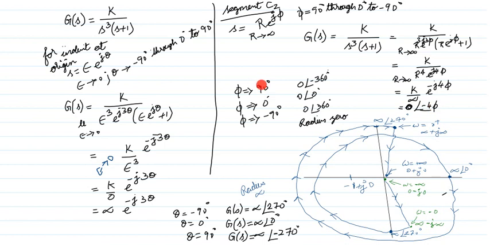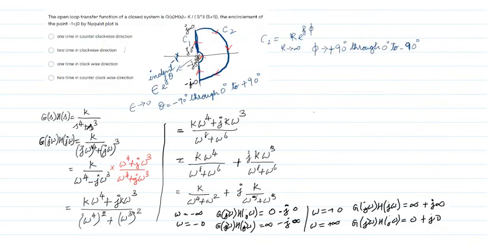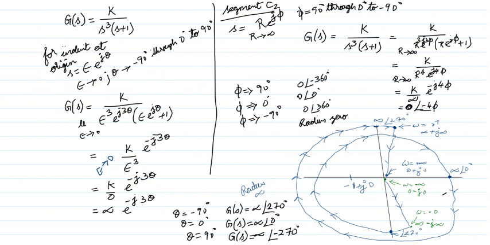Phi is 90 degree, because if you look here, it starts at this point, 90 degree, going to 0, then coming to minus 90. So I put 90, 0 and minus 90, and I get these values. Okay, now I am going to bring segment C1, the indent and the segment C2 into the graph. Right, let us start now.